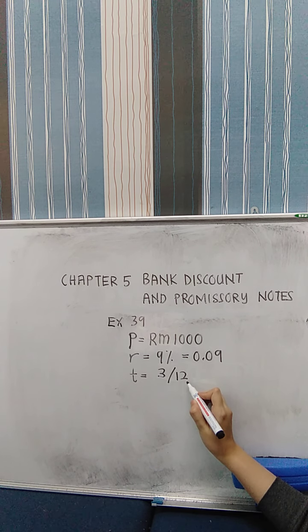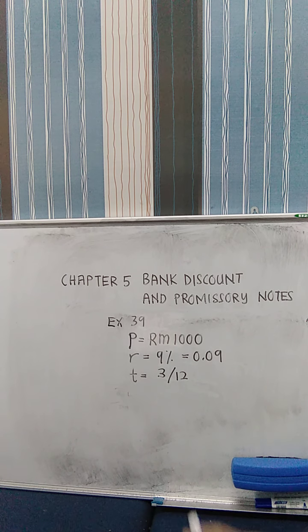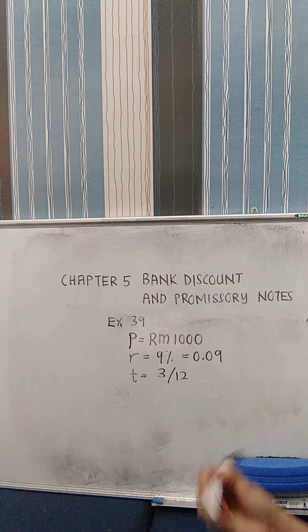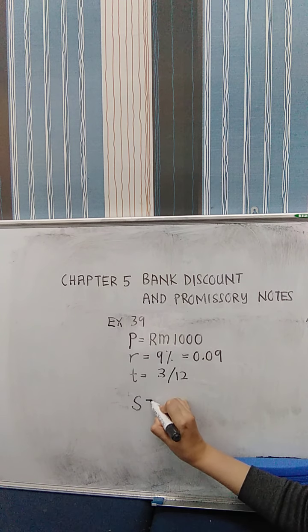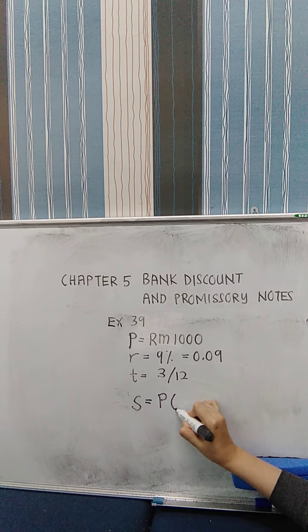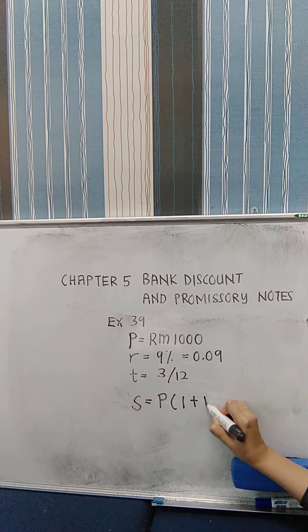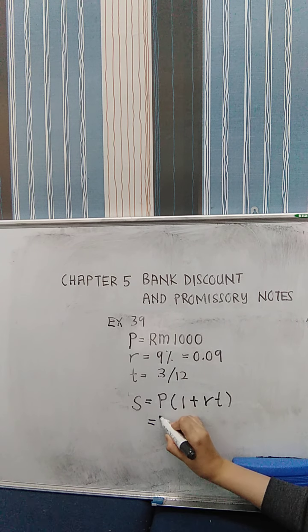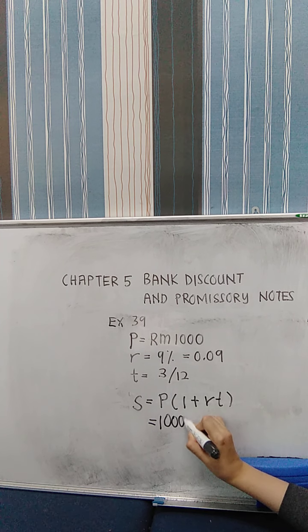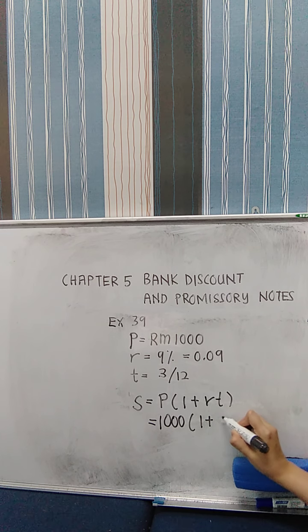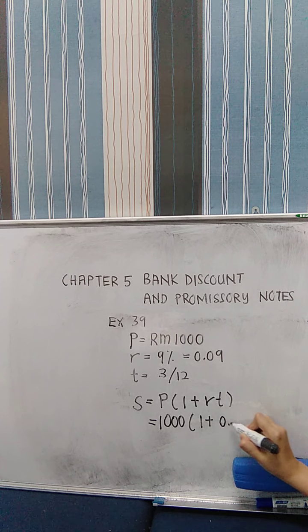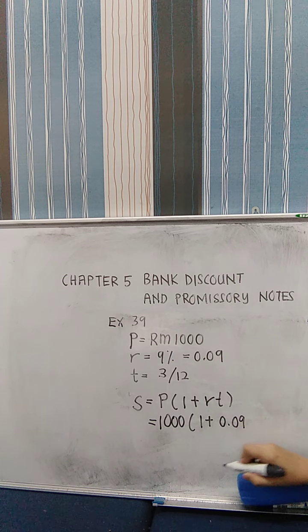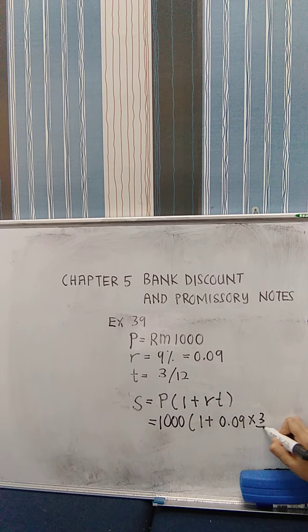So to find the maturity value, you use the formula S = P(1 + RT). P is 1,000, R is 0.09 and T is 3/12.